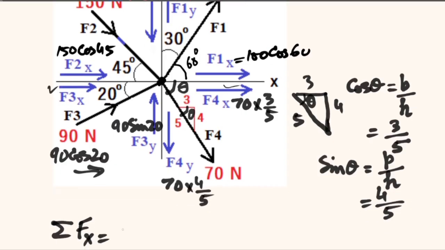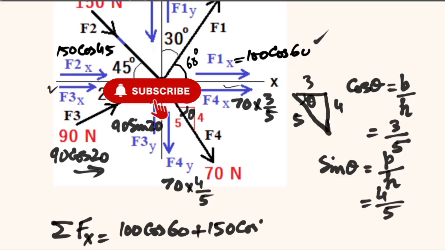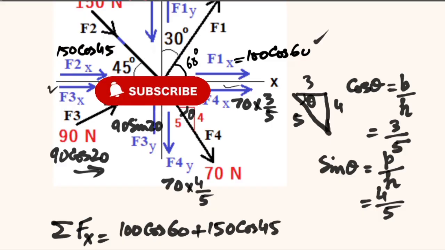100 cos 60 for this first force. Then the second F2 component plus 150 cos 45.